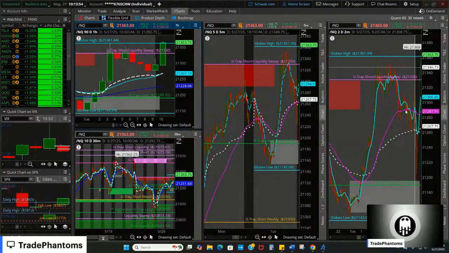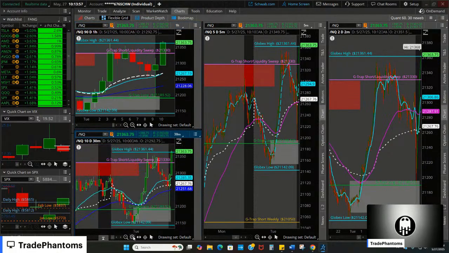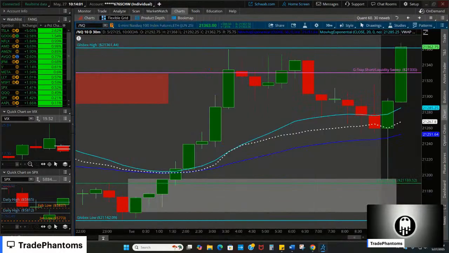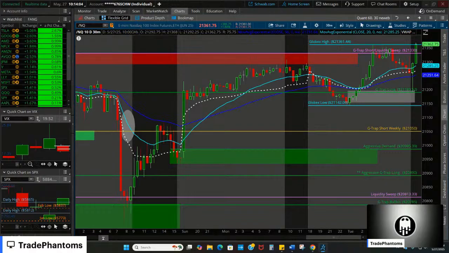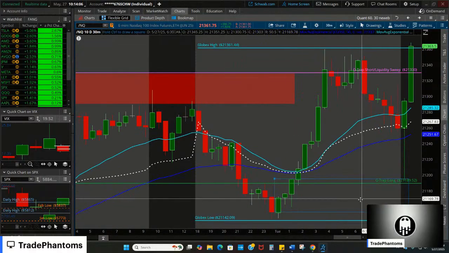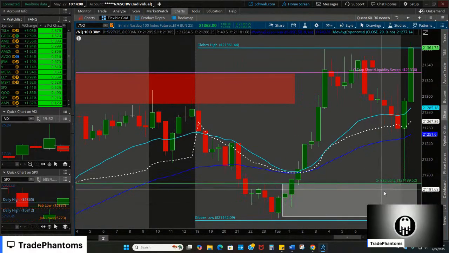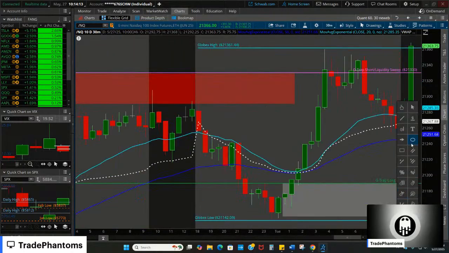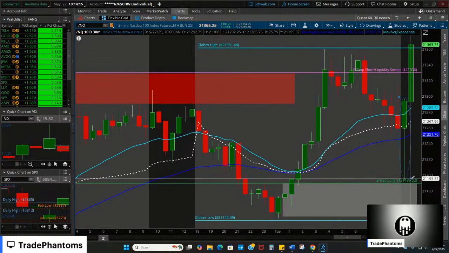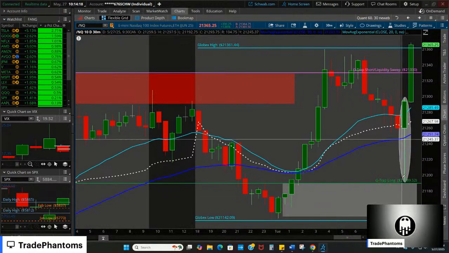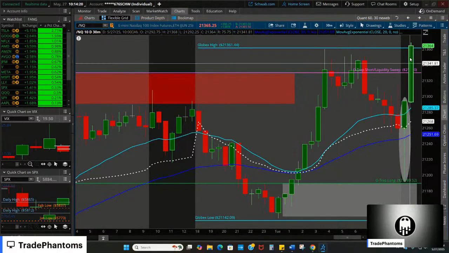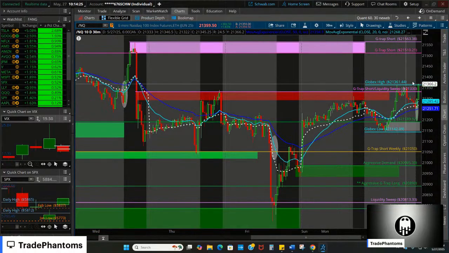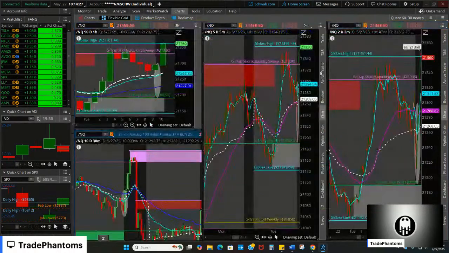NASDAQ Globex high, TP if you're long. So not bad to kick off the week officially here. Nice little hammer bar, follow through. Boom, not bad. All right, Globex high, so that suggested TP some.